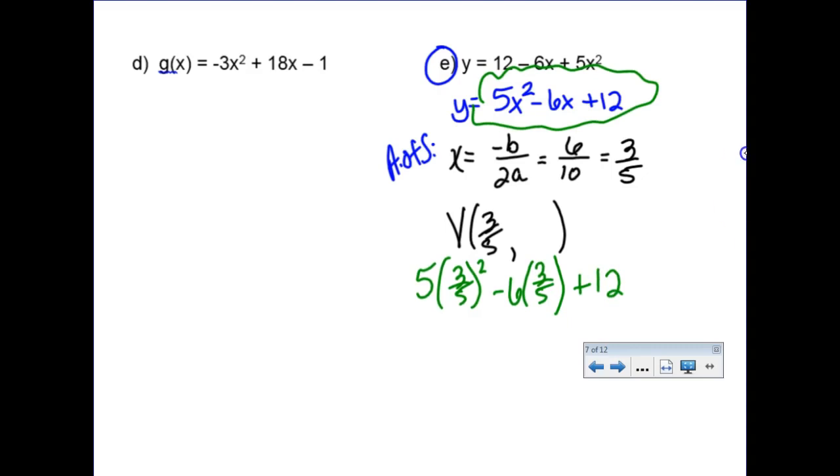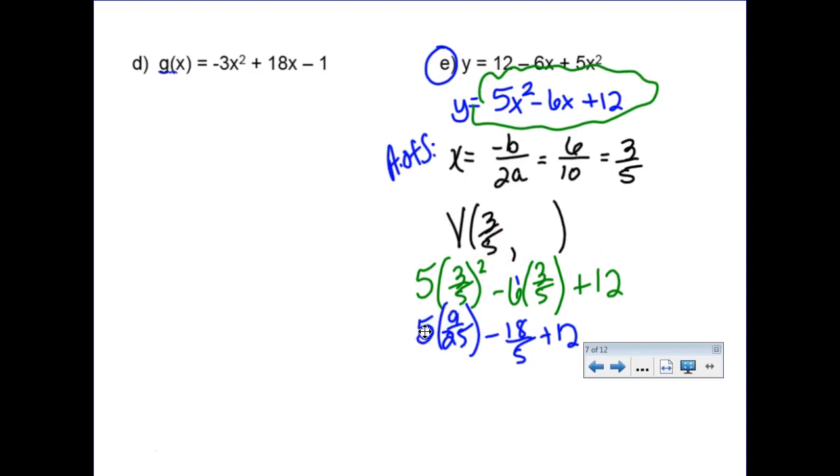All right, here we go. Order of operations, you square that fraction first. So this is a 9/25. So you have 5 times 9/25, we're going to come back to that, minus 18/5, and then plus 12. So that first fraction, 5 times 9/25, travel back to 5th grade with me.